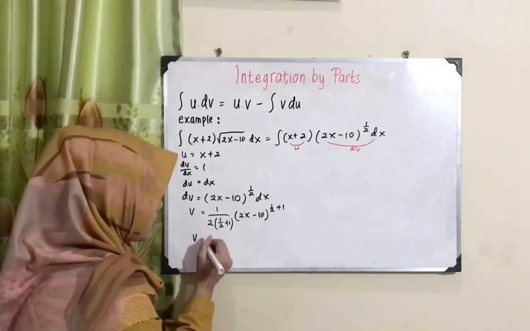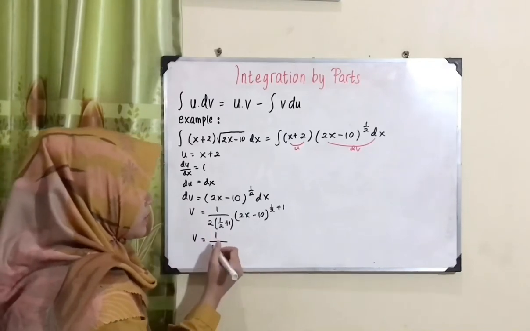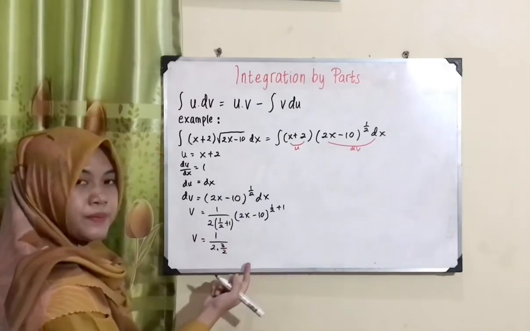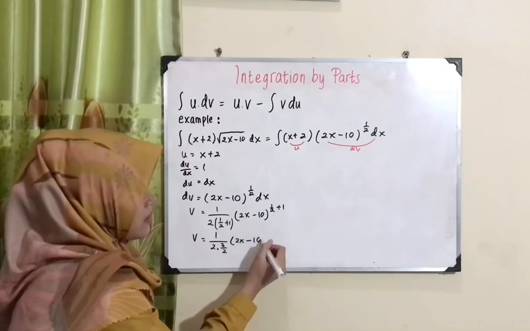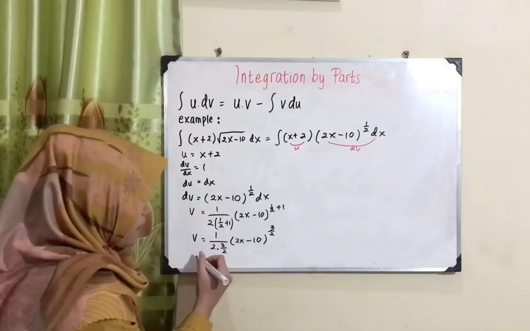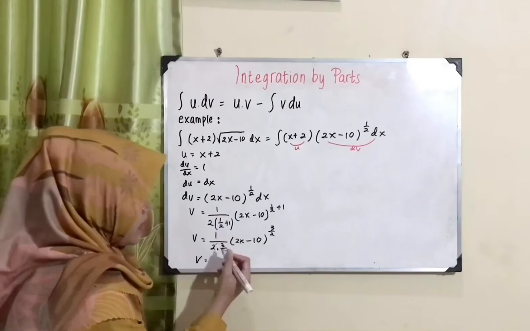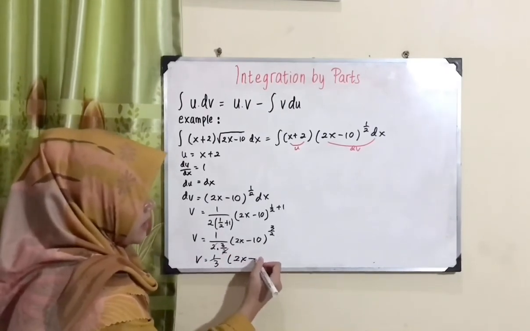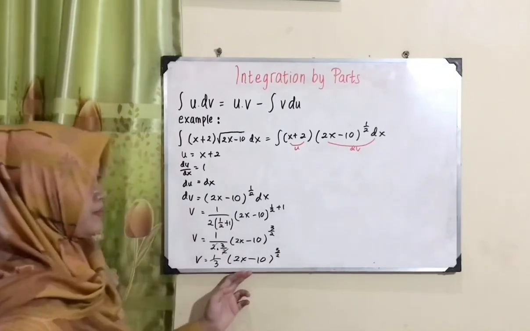Okay, v is equal to 1 over 2 times 3 over 2 times (2x minus 10) to the power of 3 over 2, and then v is equal to 1 over 3 times (2x minus 10) to the power of 3 over 2.